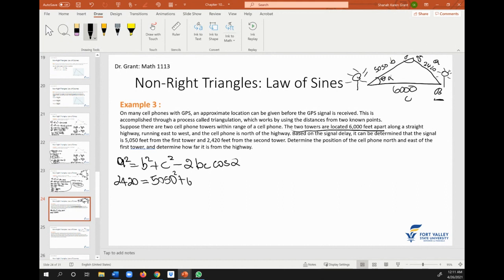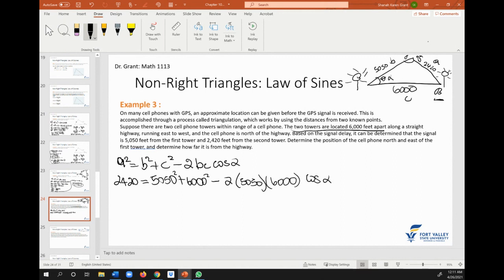C is 6,000. Two times B, C, cosine alpha, we don't know.